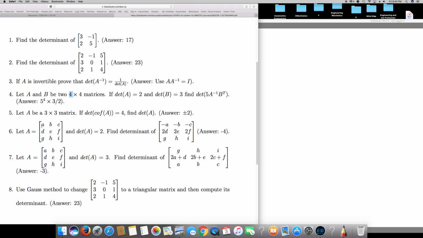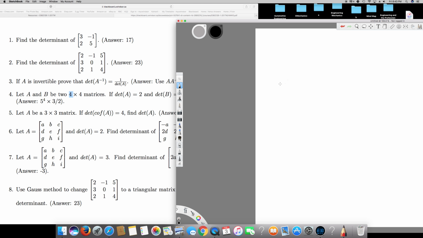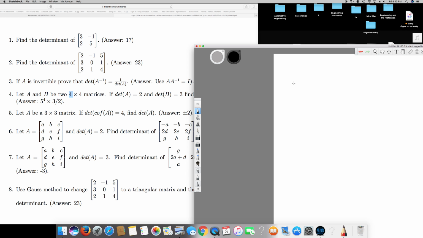Let A be the matrix with rows A, B, C, D, E, F, G, H, I, and the determinant of A is given. Find the determinant of this one. In this case, if it's something like this, 2D, 2E, that row has 2 as a common factor, so we can take it out.